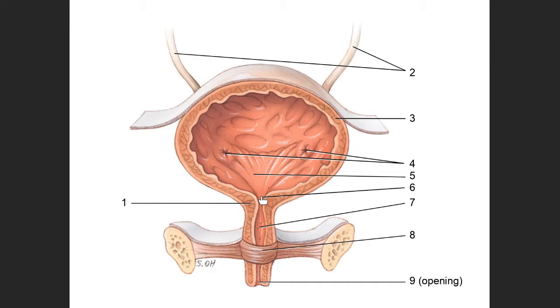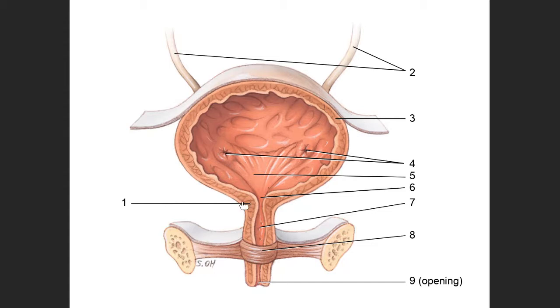Then you have number 6. Number 6 is the opening here. This opening is called internal urethral opening. And number 9 is the external urethral opening. We have 2 sphincters here.